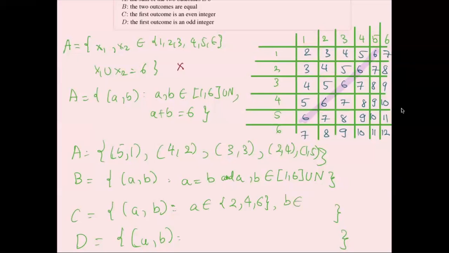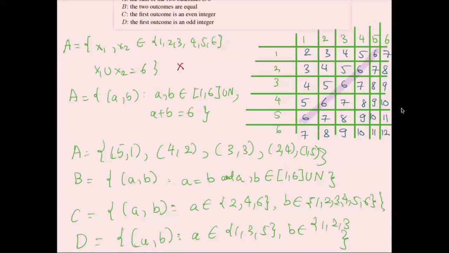And then B can be any number from 1, 2, 3, 4, 5, and 6. And similarly, we have first outcome is an odd integer. So I can just pick odd values for A, and then B can be anything from 1 to 6.